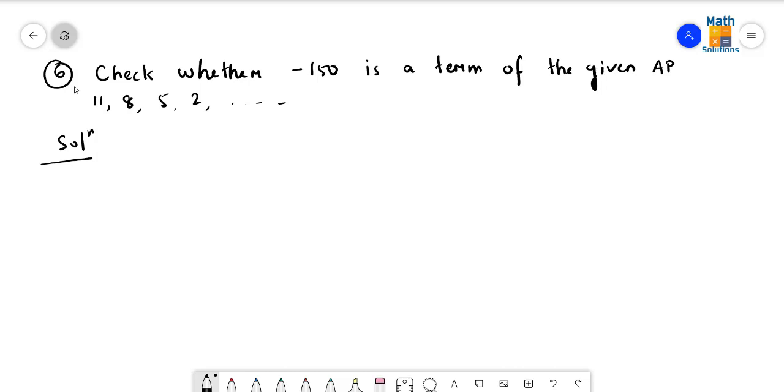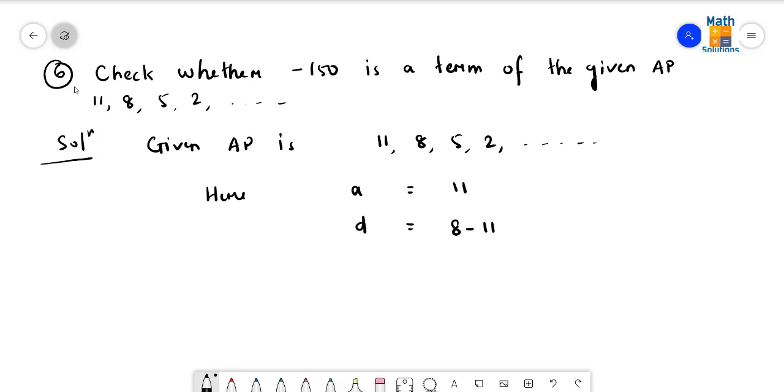So let us first write down what is the AP given. AP is 11, 8, 5, 2, and that goes on. Here first term, that is A, is equal to 11, common difference D is equal to second term minus first term, which is equal to minus 3. Then after we shall be writing let AN be equal to minus 150.